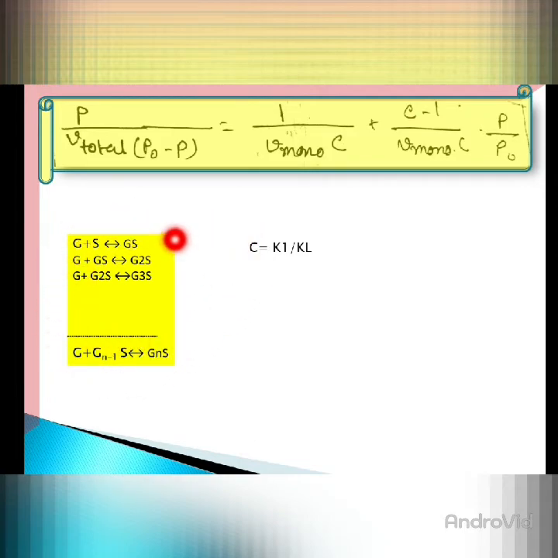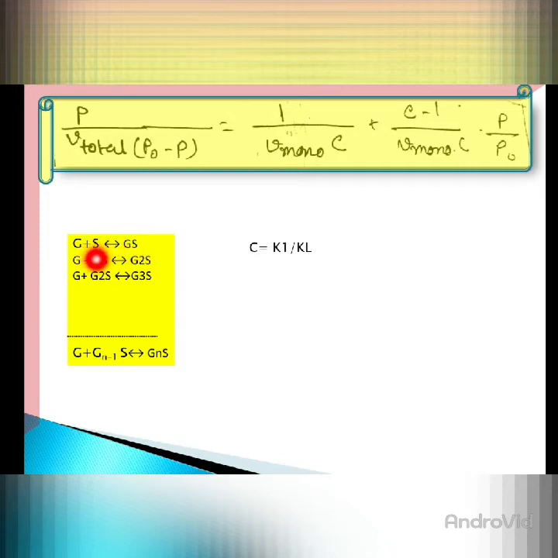For the monolayer adsorption process, this will be the equation: G plus S is equal to GS. This is the adsorbed gas molecule. Now the rate constant for the first reaction, that is when the monolayer formation occurs, is equal to K1.